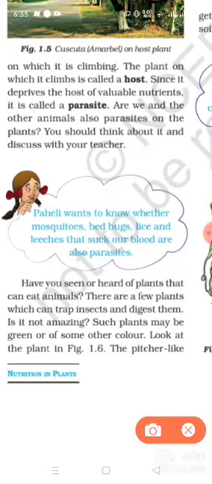Dear friends, such plants which eat insects also have a green color, and still they eat insects and get their nutrition. Look at the plant in figure 1.6.